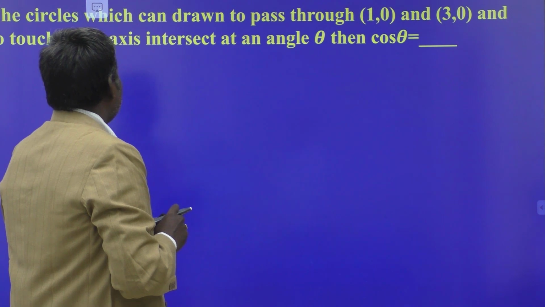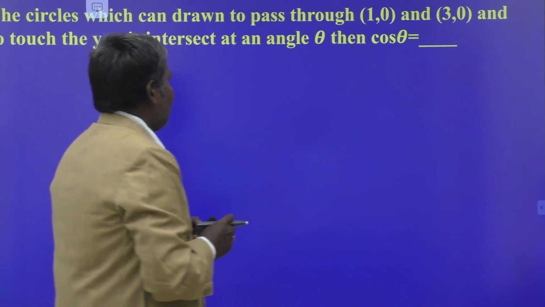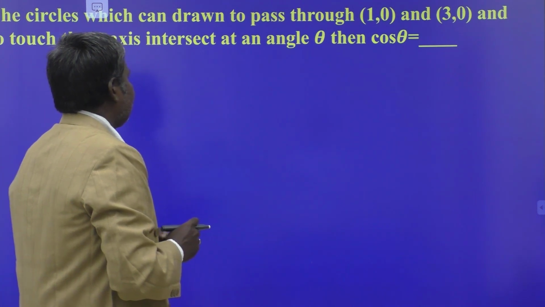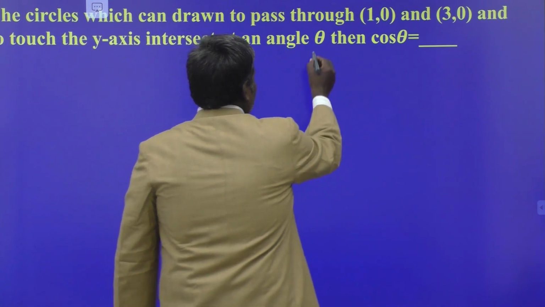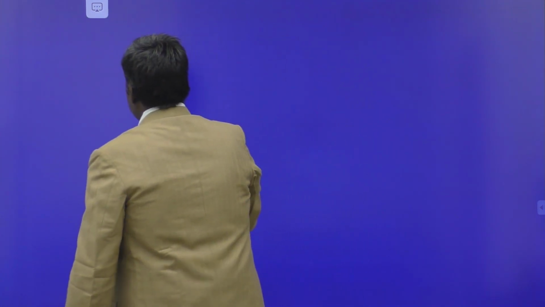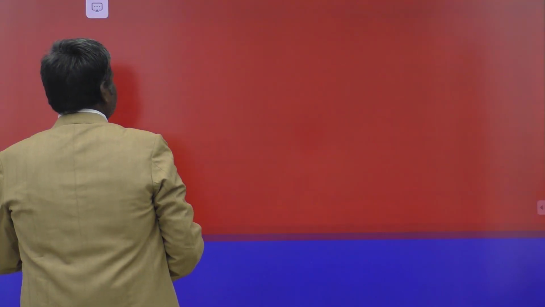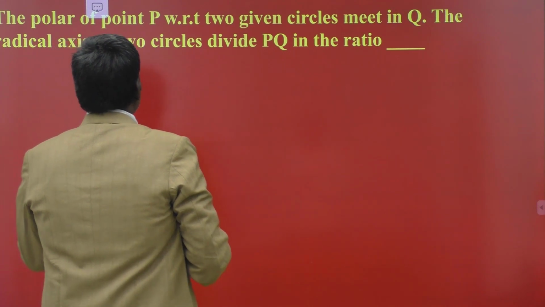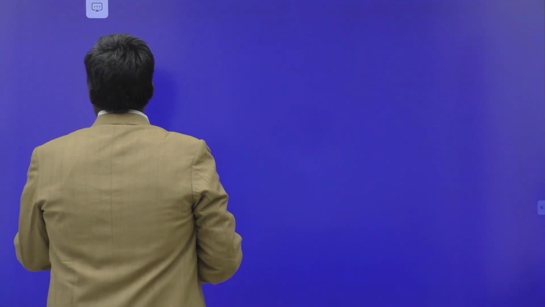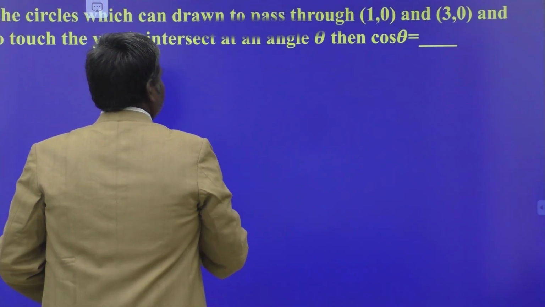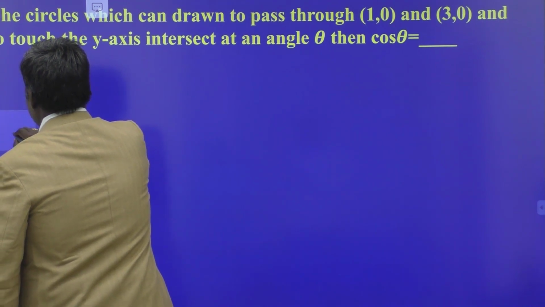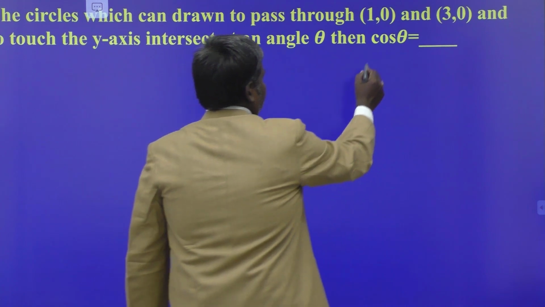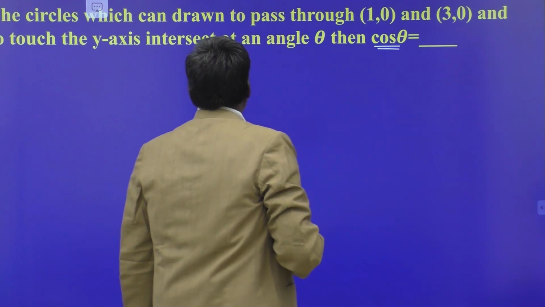See, this is the question. The circles which can be drawn passing through (1, 0) and (3, 0) and touching the y-axis intersect at an angle theta, then what is cos theta? So we have to find out the value of cos theta.